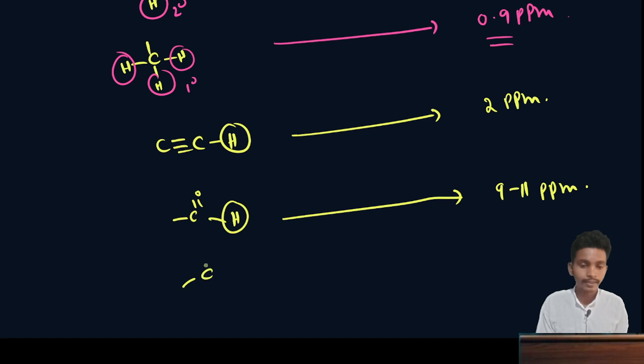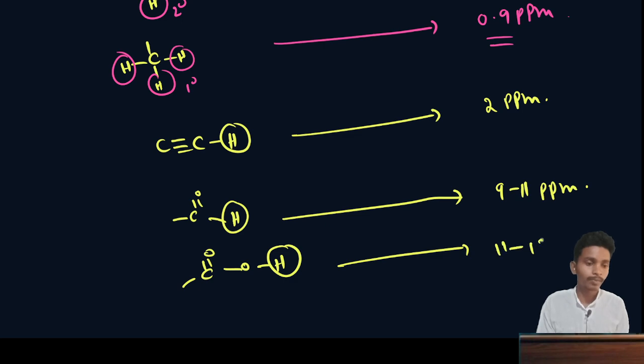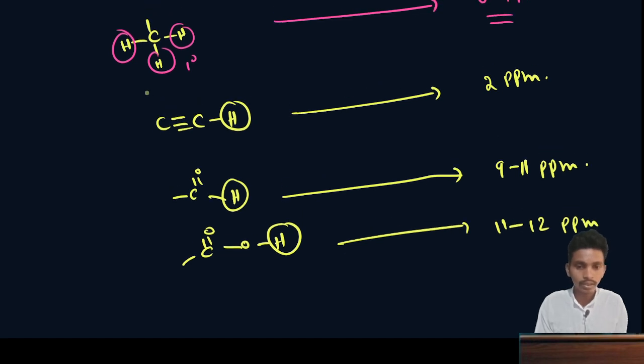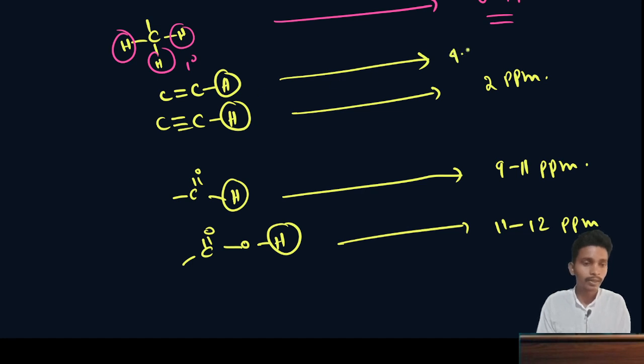And if it is a double bond with a hydrogen, this vinyl hydrogen will have 4.5 to 6.5 ppm.